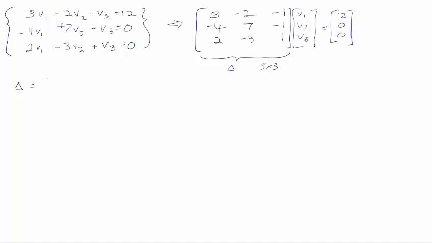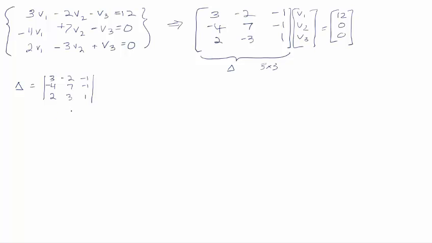So determinant of that, you write 3, minus 4, 2, minus 2, 7, 3, minus 1, minus 1, 1. It's interesting, when I learned how to do this in school, I took the first two columns and repeated them over here and did the multiply out process. Your book takes the first two rows and repeats them down below.